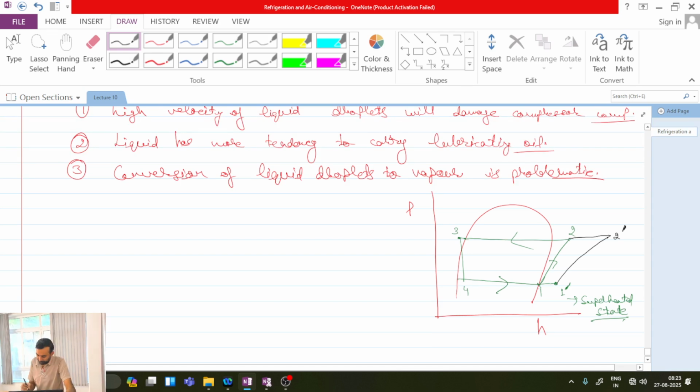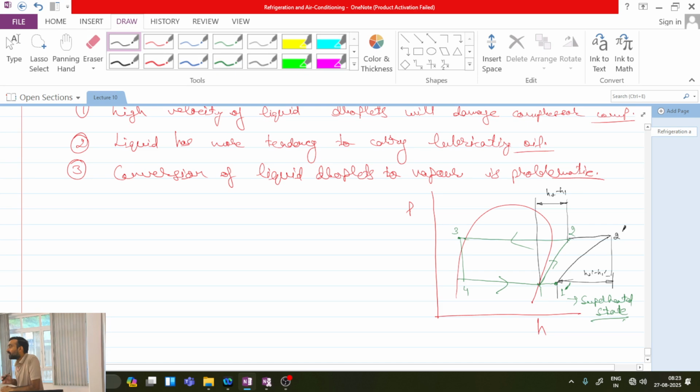Now if you check the projected length of 1 to 2 on the horizontal, this is H2 minus H1, and the projected length of 1 dash to 2 dash is H2 dash minus H1 dash. So the first point is that superheating significantly increases the compressor work.